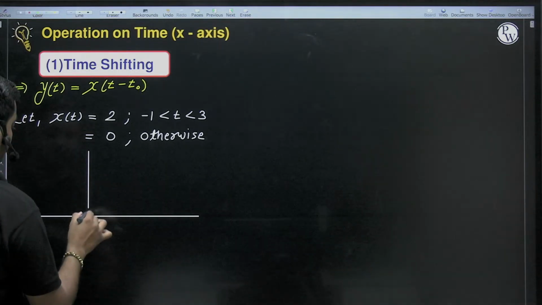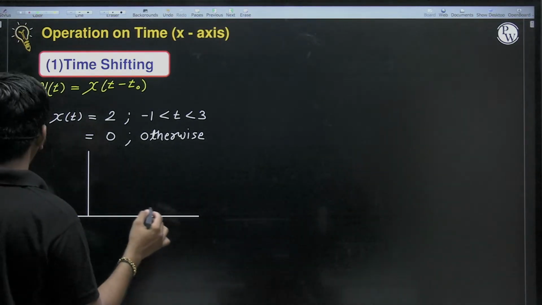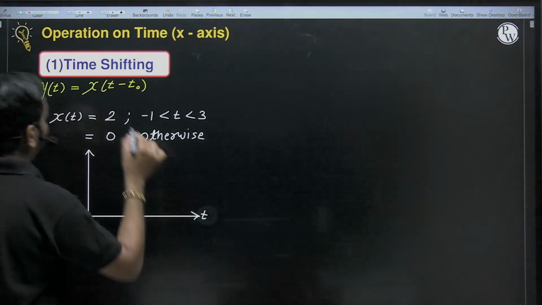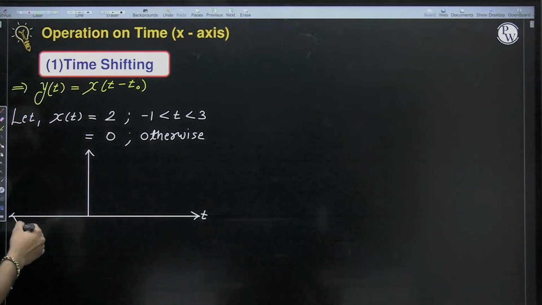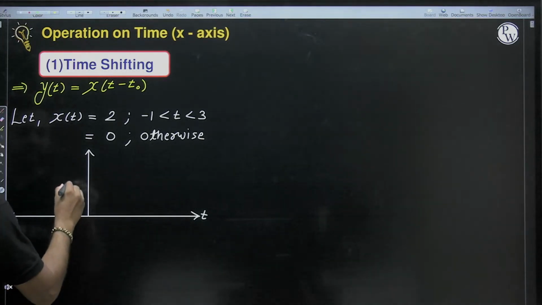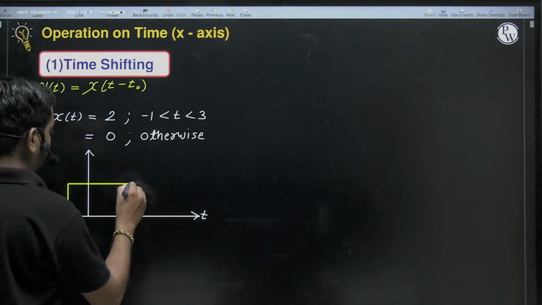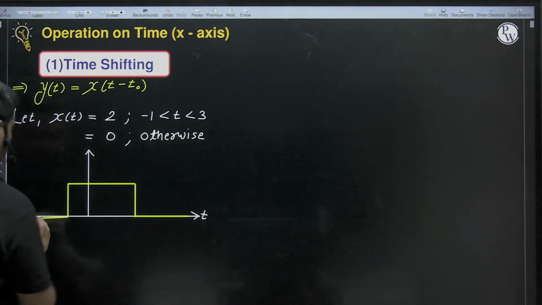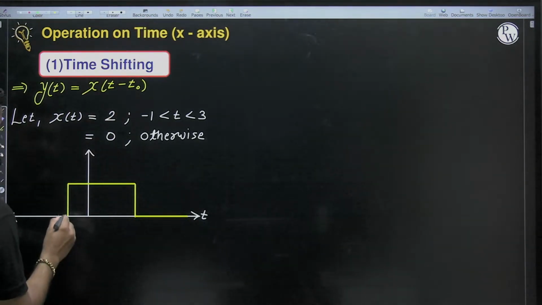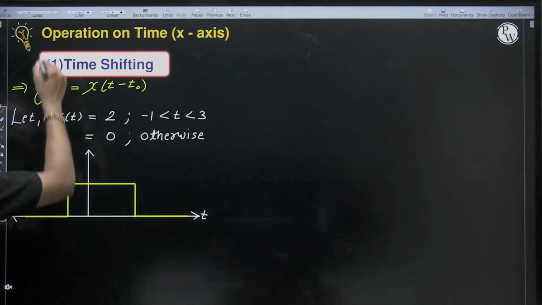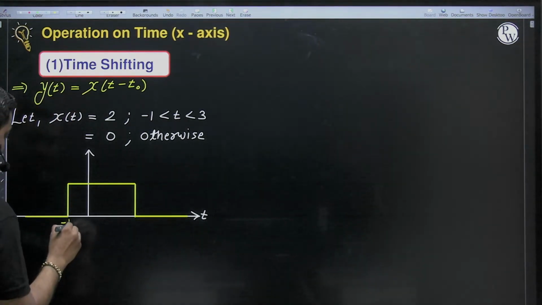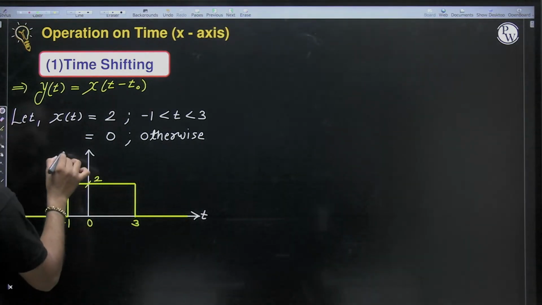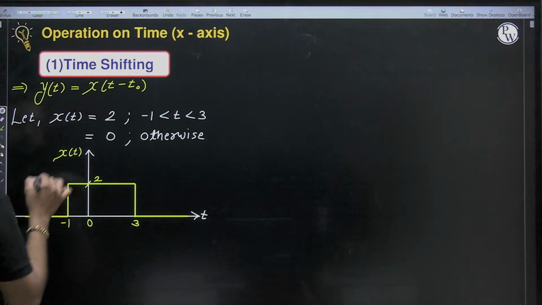So graphically it looks like this. Between -1 and 3 amplitude is 2, and otherwise amplitude is 0. This is x of t.